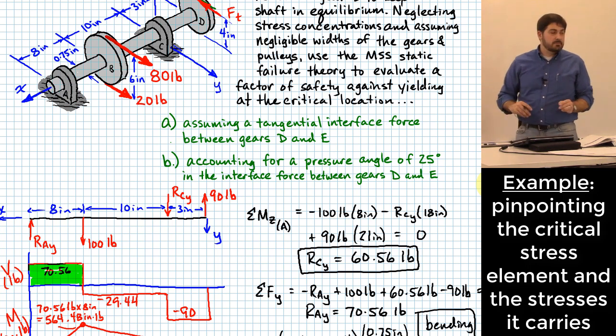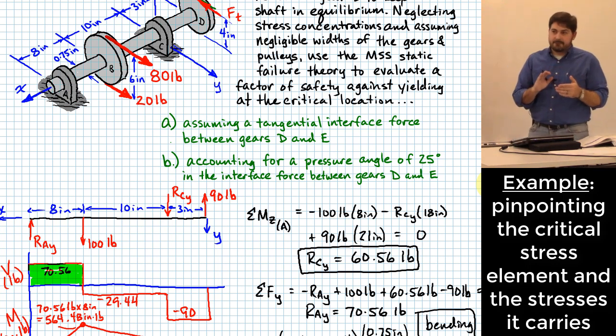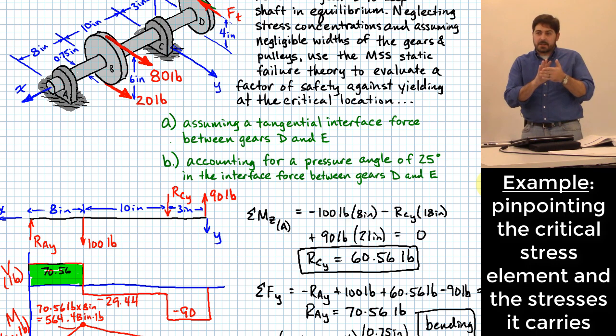We said location B, but let's get more specific. It'll be on the outside surface of the shaft. That's good. What else? Do we know if that patch that's going to have our worst case stress is parallel with something?